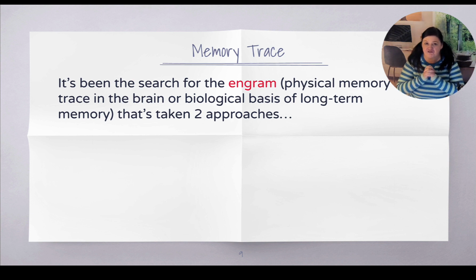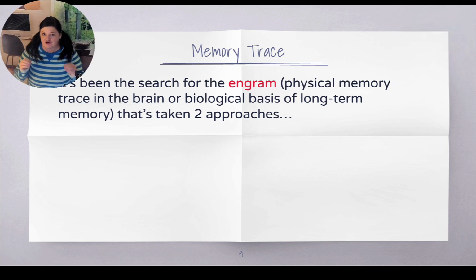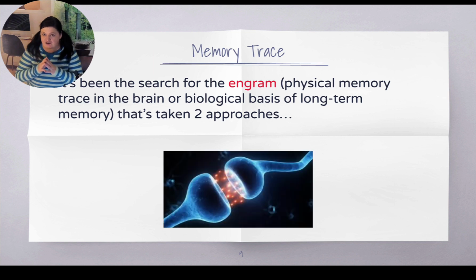Okay, so this first one is going to be the search for the engram, okay? The physical memory traces that our brain has based on our neurons or neurotransmitters, right? Where these long-term memories are coming from in the first school of thought is through our synapses. Remember synapses? Those are the little gaps between the dendrite tips, right, between the neurons.